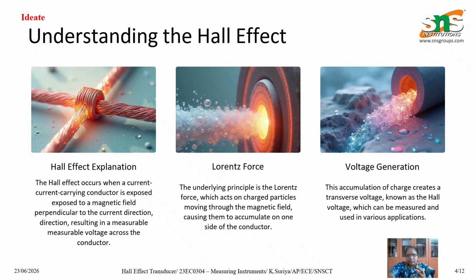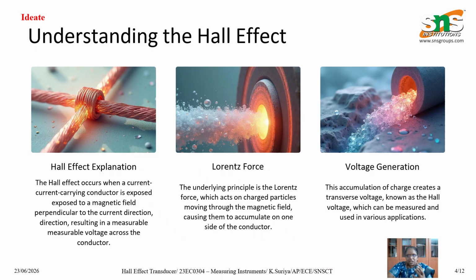To understand the working principle, consider a semiconductor carrying current. When a magnetic field is applied perpendicular to the current direction, the moving charge carriers experience a force that pushes them towards one side of the material.